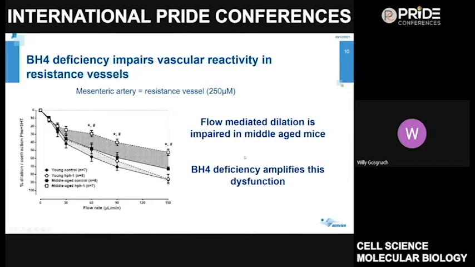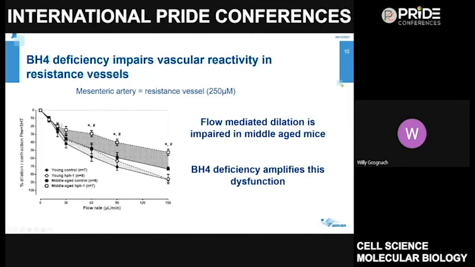We then looked at mesenteric arteries. We performed an experiment to see the flow-mediated vasodilation. In young animals, as the flow increases, the vasodilation increases.